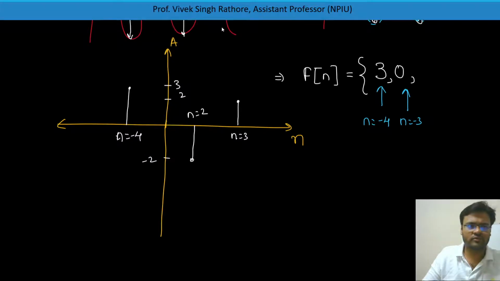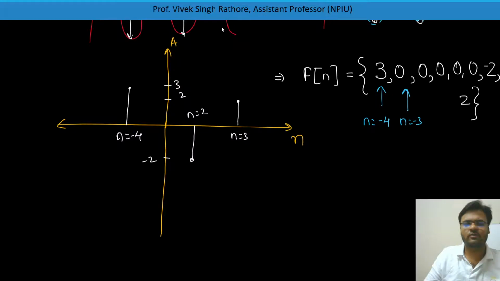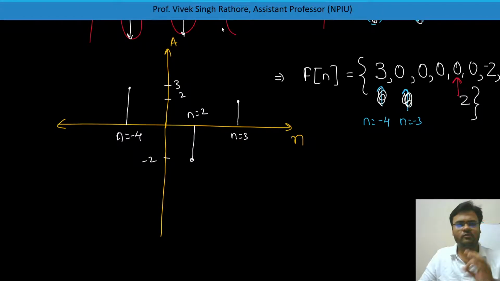For -2 also 0, for -1 also 0, for 0 also 0, for 1 also 0, for 2 the value is -2, and for 3 the value is +2, and then you can close it. Here we take a main arrow, in red color, at n is equal to 0, where the positions are -4, -3, -2, -1, 0. This is the format for writing it.